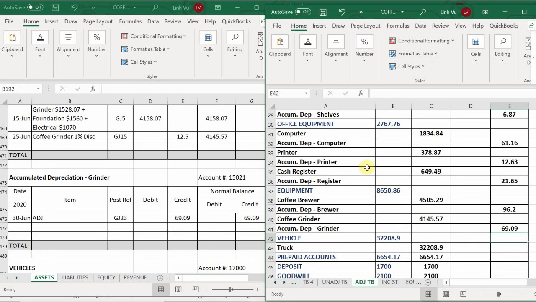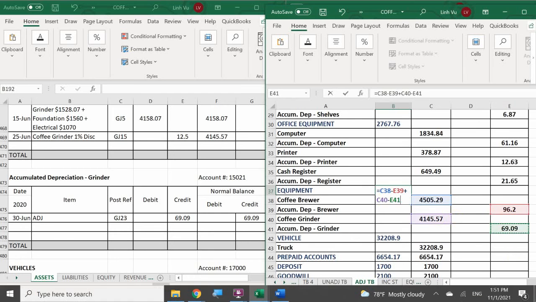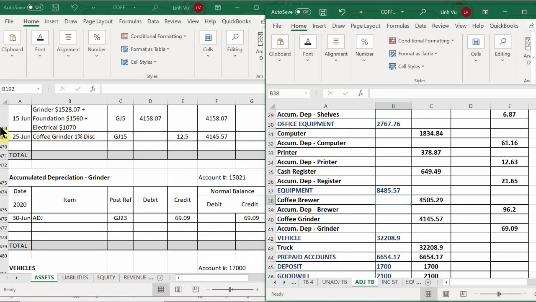Okay, so I need to change the value of my total equipment, which is going to be this minus your depreciation, plus your coffee grinder minus the depreciation. So now you should have $8,485.57 worth of equipment.